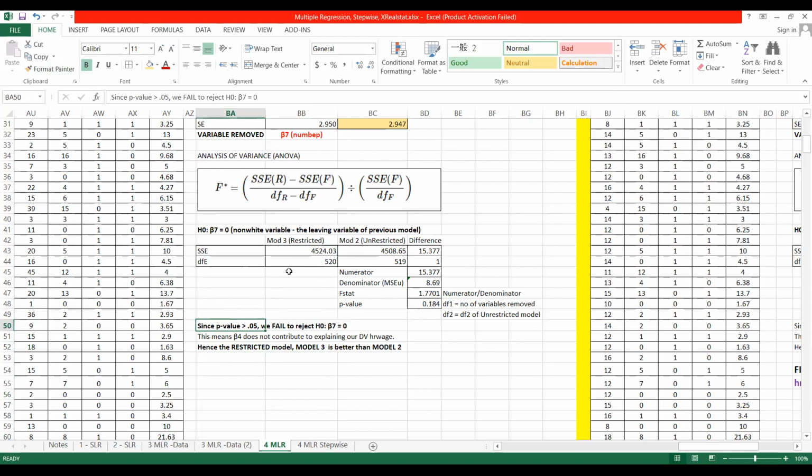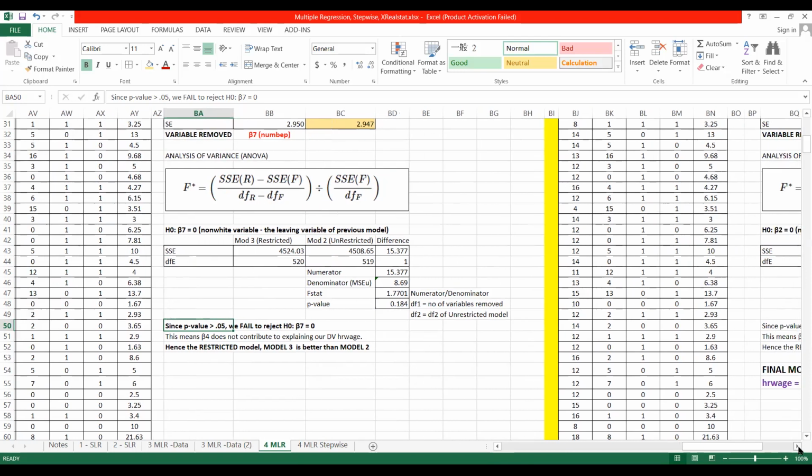Kasi, again, hindi natin ma-reject yung null hypothesis na to. Okay? If this was less than 0.05, then i-reject natin yung null hypothesis na to. So we will conclude that B7 is not equal to 0. So kung i-reject natin yun, so dapat kasama si B7 sa model natin. That's what this is saying.